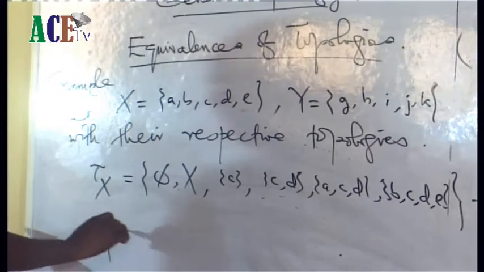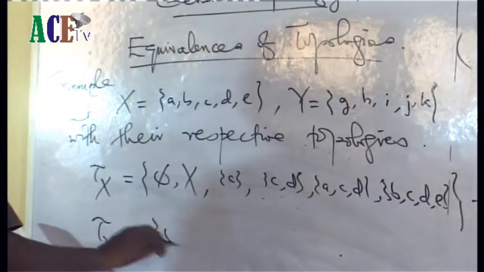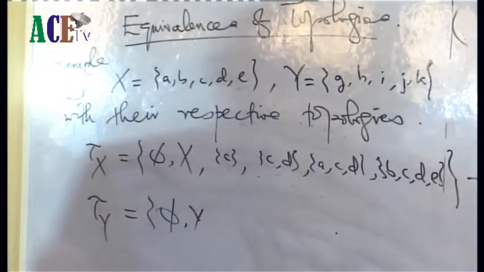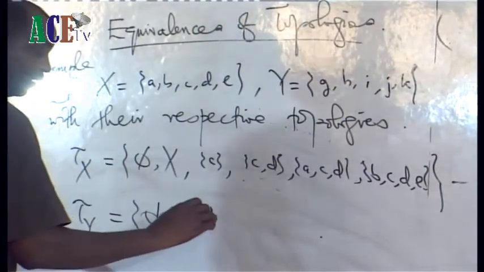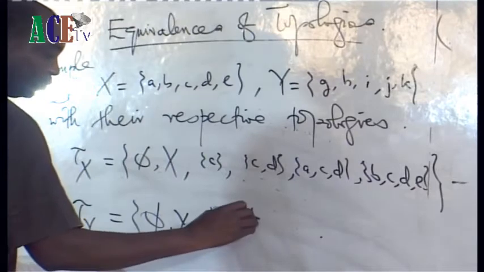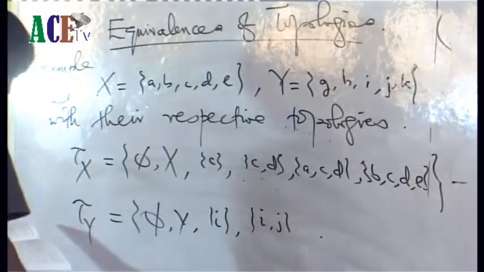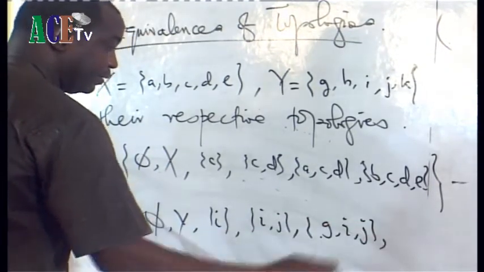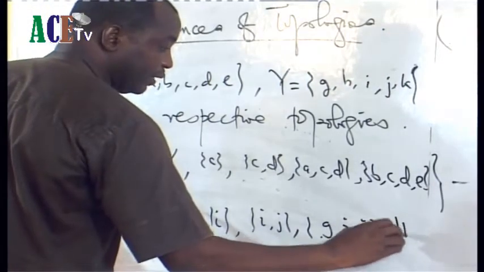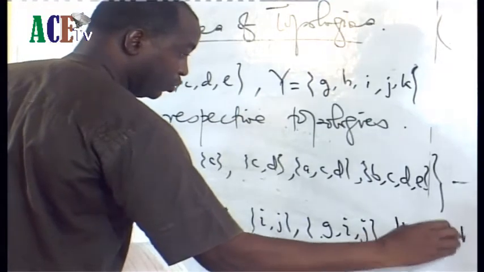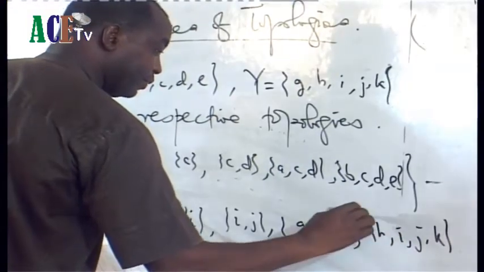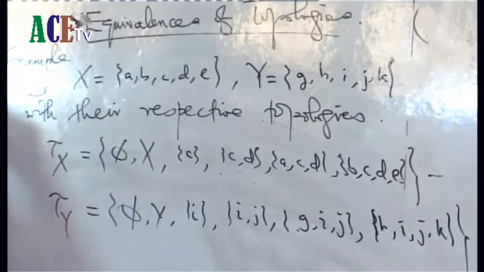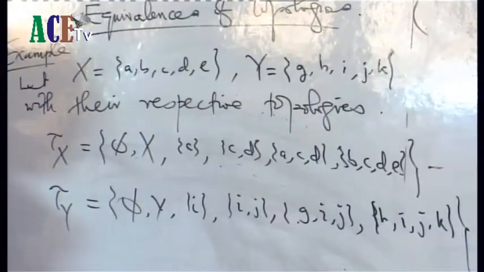And then we have another topology on Y, which must contain the empty set as well as Y. Then we have I, IJ, GIJ, then HIJK.